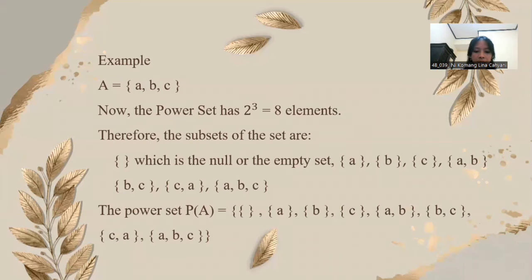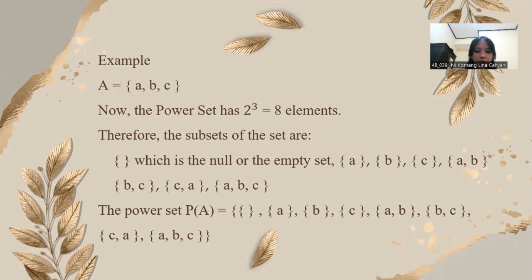The total possible number of subsets of this set is equal to 2 to the power n, where n is the cardinal number of the set. That means the total possible number of subsets of set A will be 2 to the power 3, that is 8.